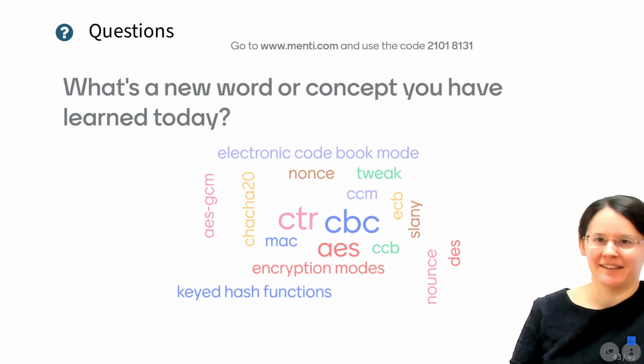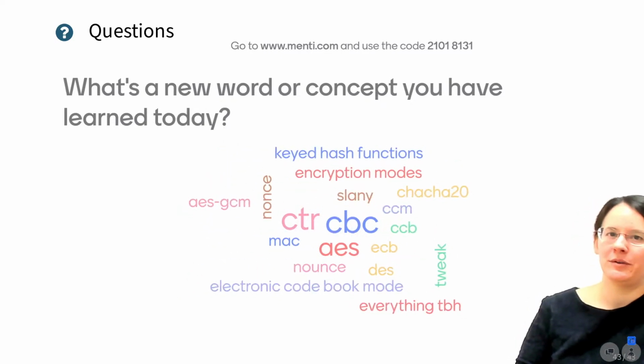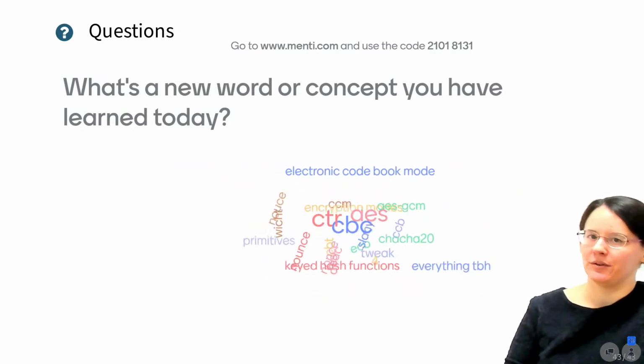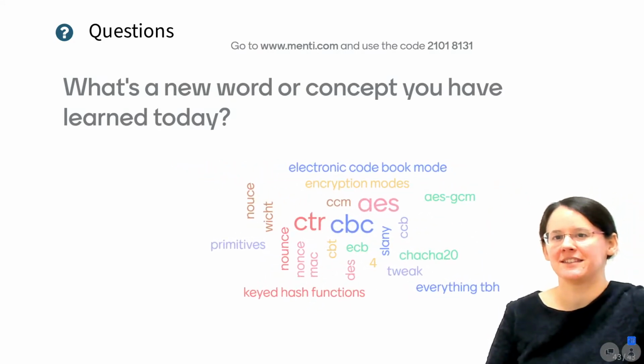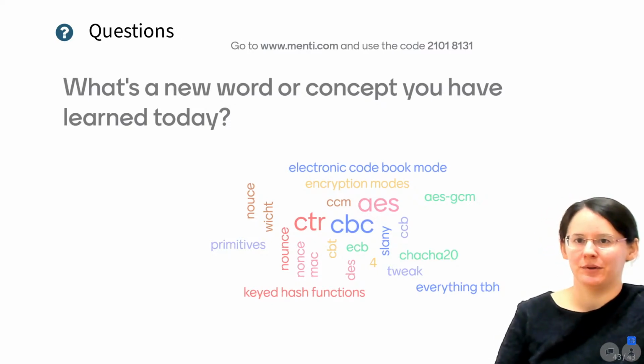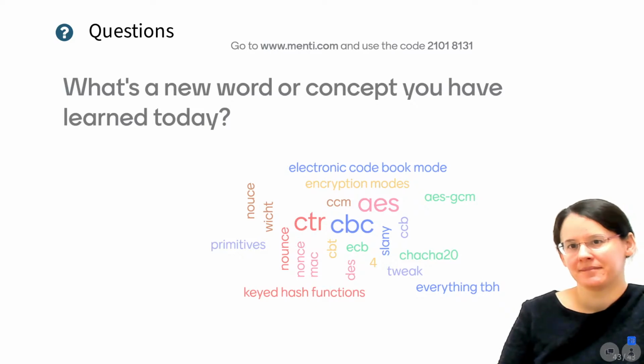Okay, so we have a really nice overview of some of the different schemes we heard about. Maybe you also remember some particular threats or attack vectors that we discussed, or things that can go wrong with symmetric crypto if you don't use it properly.